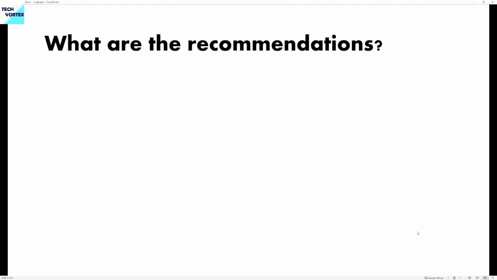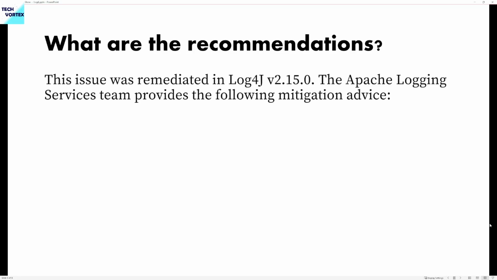So what are the recommendations? The recommendations are what is given by Apache, the vendor of Log4j. The clear recommendation instructs all users to patch or upgrade the current Log4j component, if it is used in their environment, to version 2.15.0.